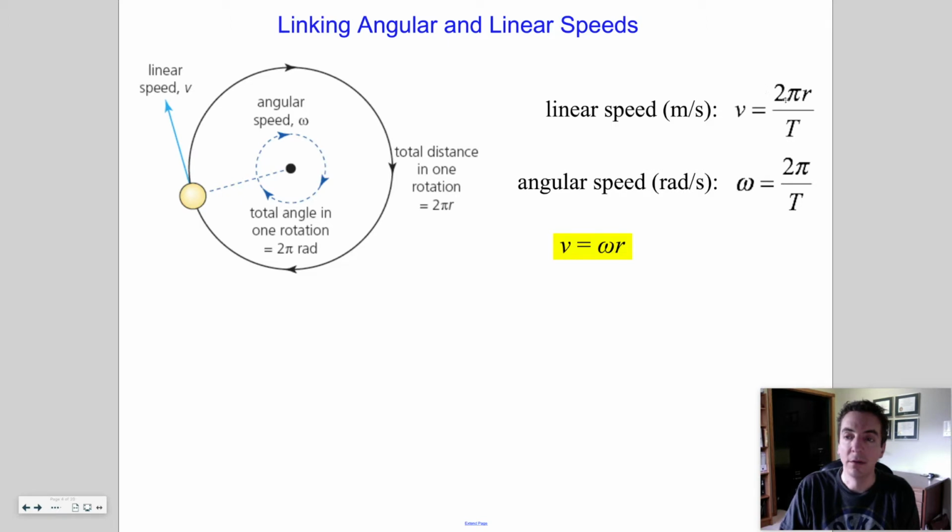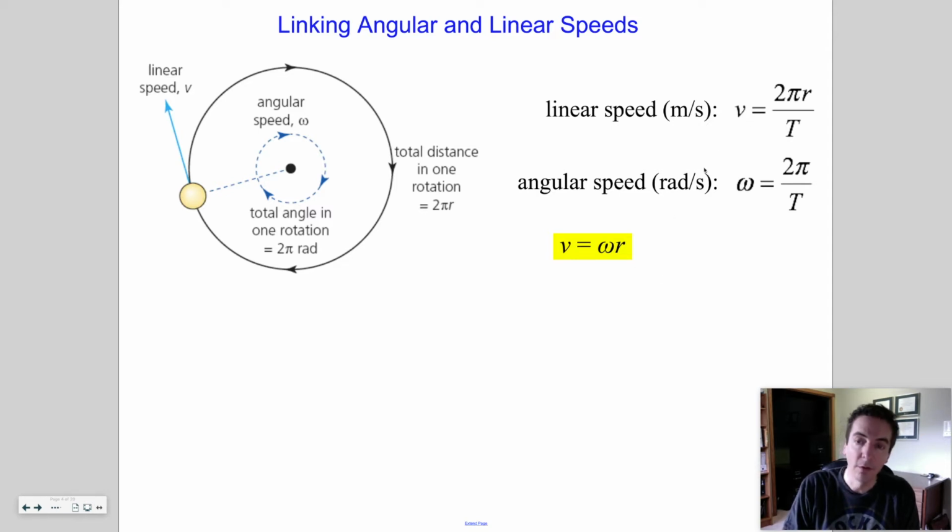So distance divided by time, here's the linear speed. This is familiar looking, circumference and period. Well, the angular speed in radians per second, again, distance around the circle in terms of that angle is 2 pi. So distance divided by time, angular displacement divided by period.